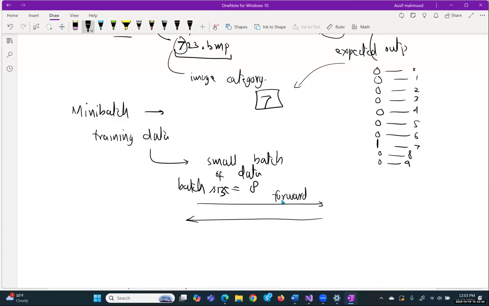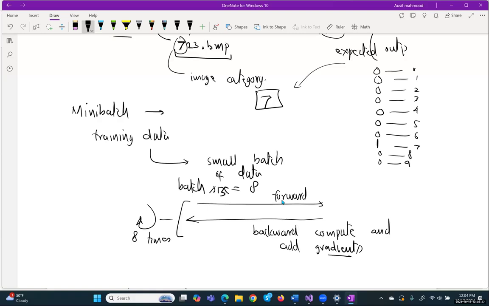We'll go backward and compute and add gradients. For example, if the batch size is 8, we'll go through 8 times and keep adding these gradients, right?